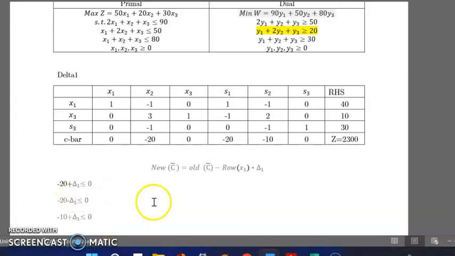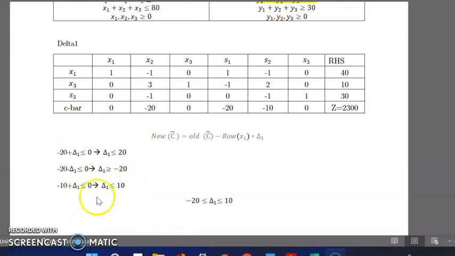So in order to find the range in which delta 1 could move and the basis would remain optimal, we're going to have to solve this system. It's very basic math. So this one, we just take this 20 and put it on the other side. So after solving this system, we find that delta 1 is between minus 20 and 10.